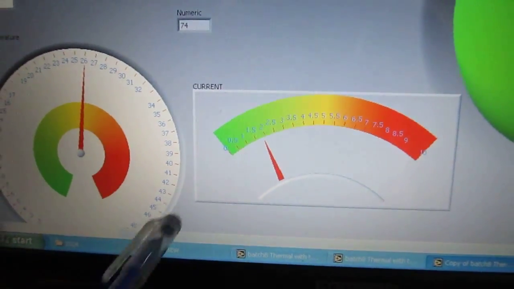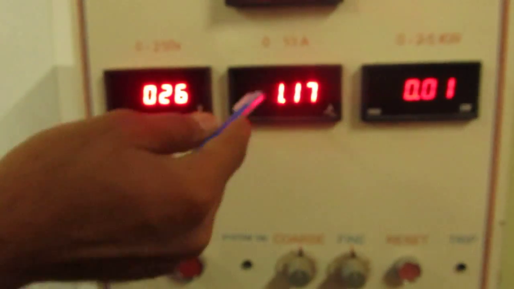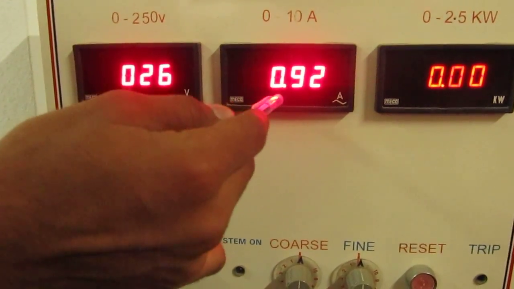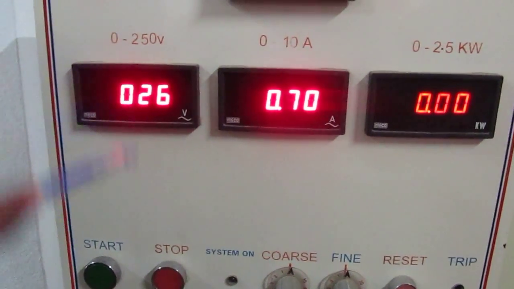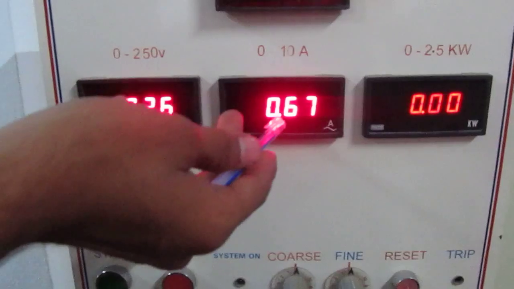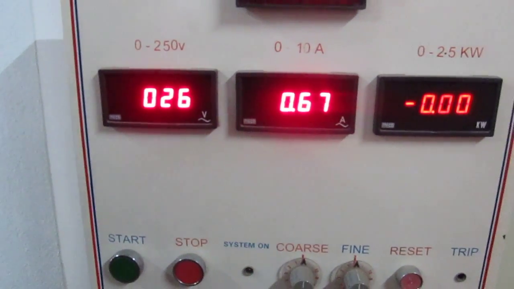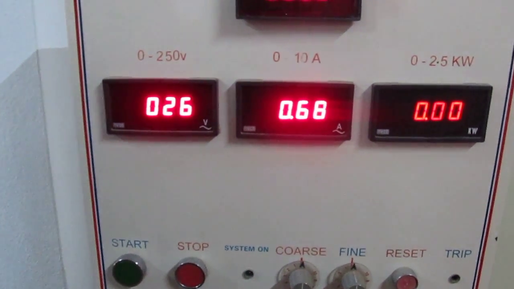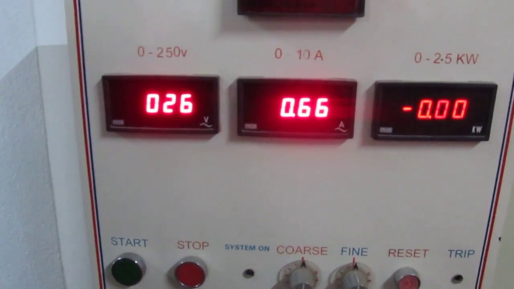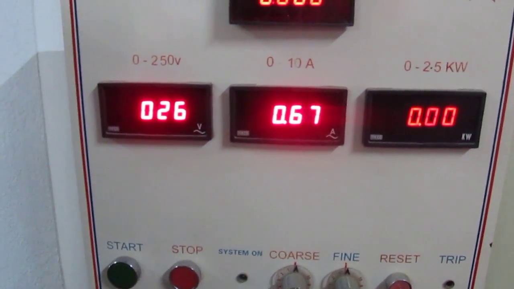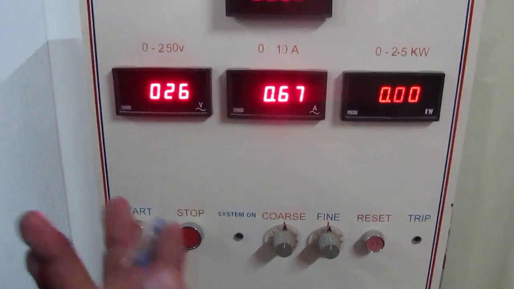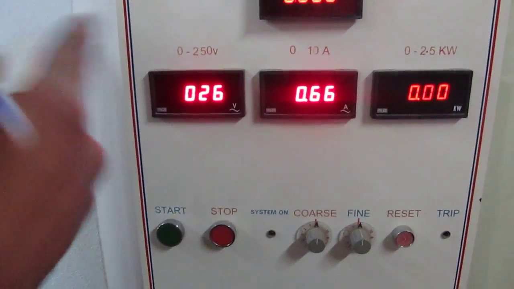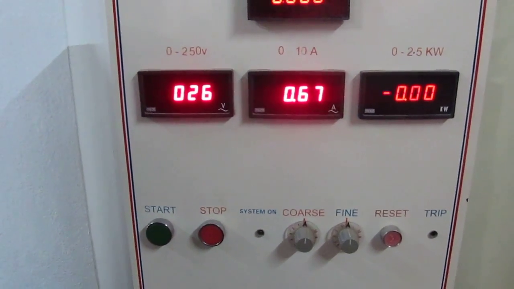They went up to a peak value of 2.6 amperes, and then they come down to 0.6 amperes. This is what actually happens with AC machines, almost all electrical machines. Those kinds of initial inrush currents are always there. That's why we use starters to protect the machine and avoid such inrush currents.